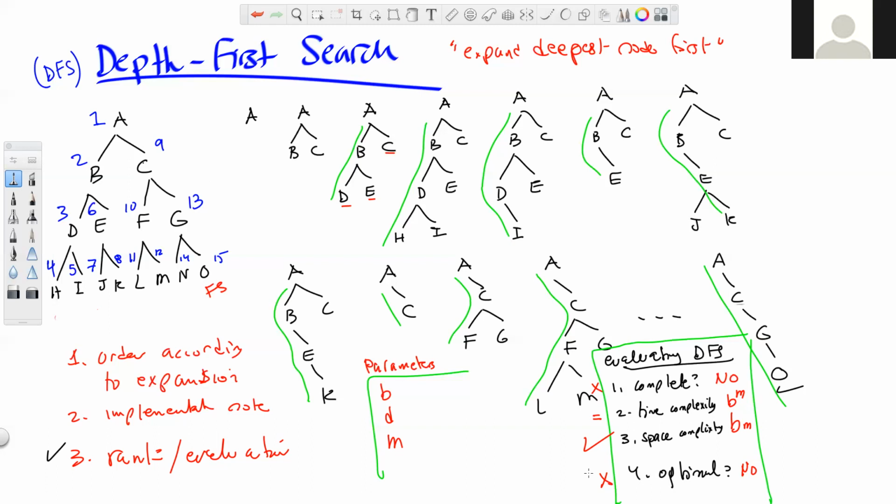There are some situations where you can modify depth first search a little bit and recover completeness. Let me give you the hint. Sometimes, depending on the problem I have, if I think a little bit about the problem, I can modify this guy so that it ends up being complete. Can you guess what that is? Or can you think of that?